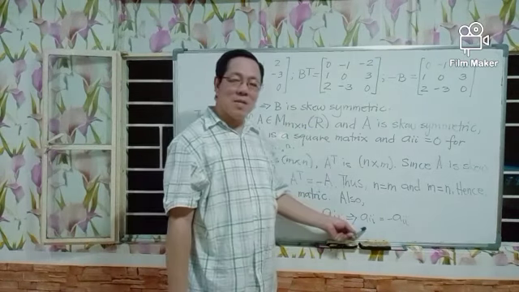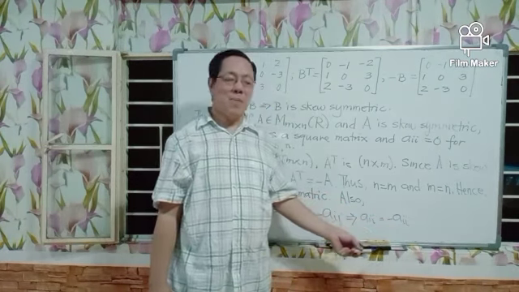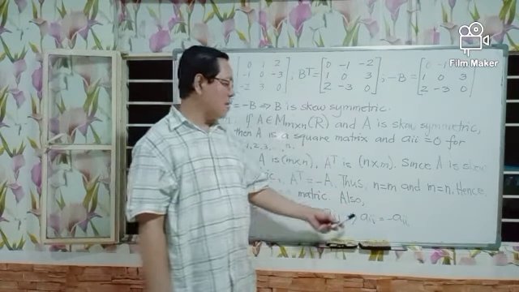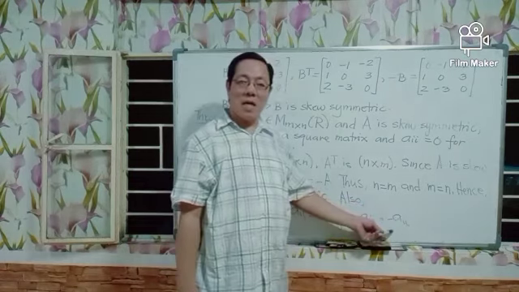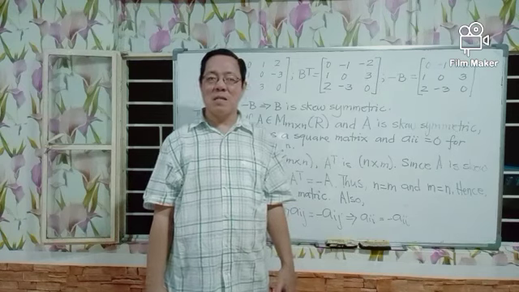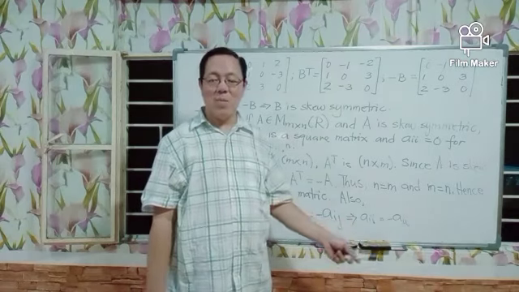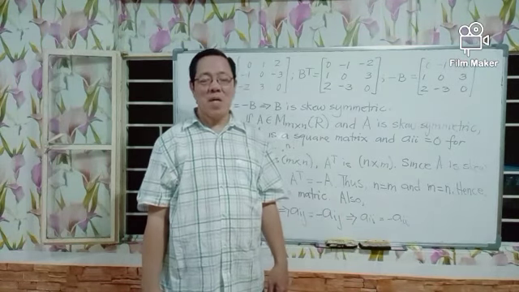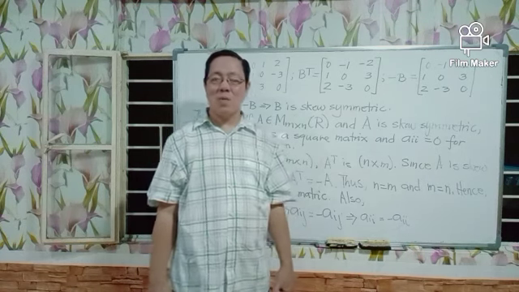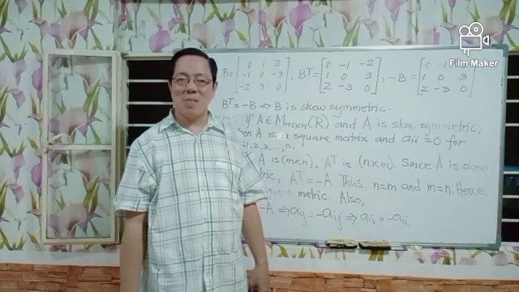So this number A sub ii is a real number, and negative A sub ii is a real number. They are numerically the same but with opposite sign. This is a positive real number, this is a negative real number. And this can only happen if the real number is 0. Because if the real number is 1, negative 1 is not equal to 1. If the real number is negative 6, take its negative, negative 6 is not equal to negative of negative 6, or negative 6 is not equal to positive 6.